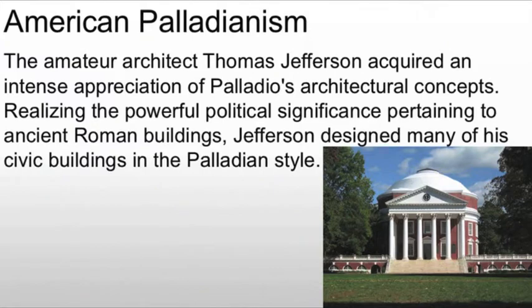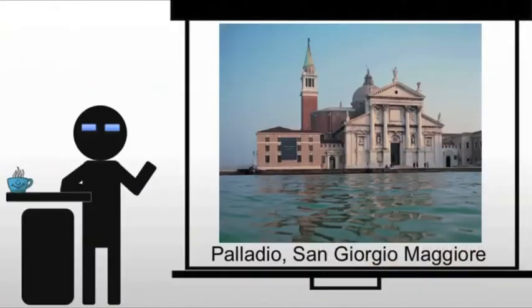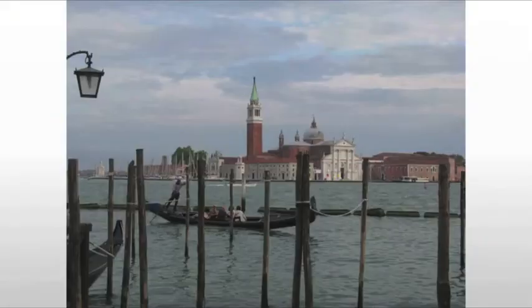Now, the piece we're actually looking at is back in Venice, because we have to get back to Palladino himself at San Giorgio Maggiore. Now, this is one of the most dramatically placed buildings in Venice, directly across the Grand Canal from the Piazza San Marco and the Palace of the Doges.